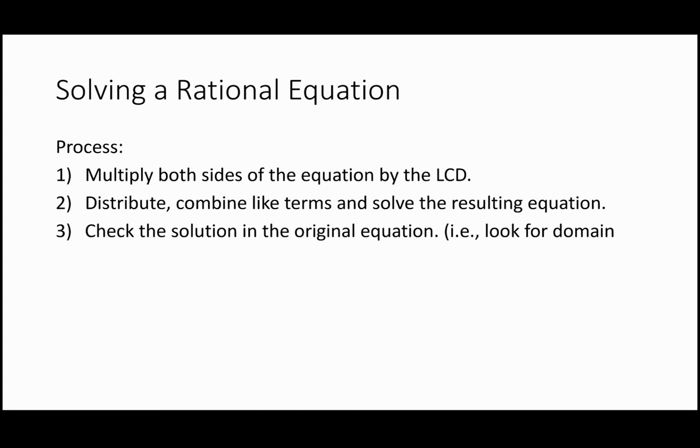You want to look for the domain violations, the numerical values that are not allowed in the rational expression, by focusing on what values make the denominators 0, right?